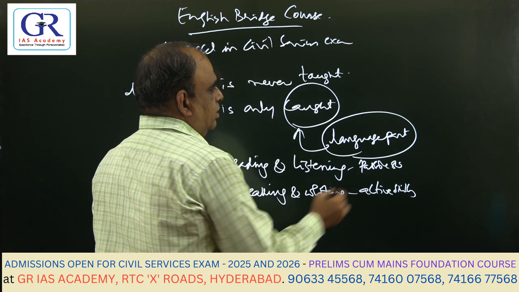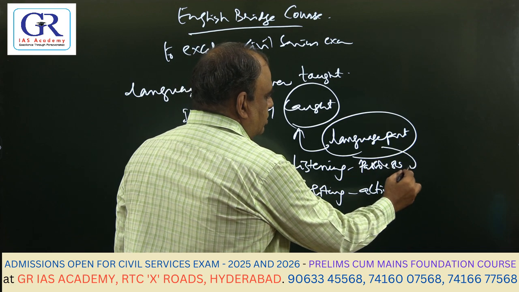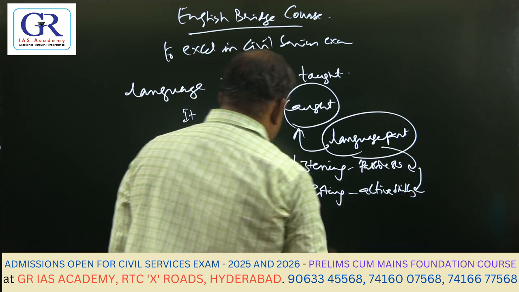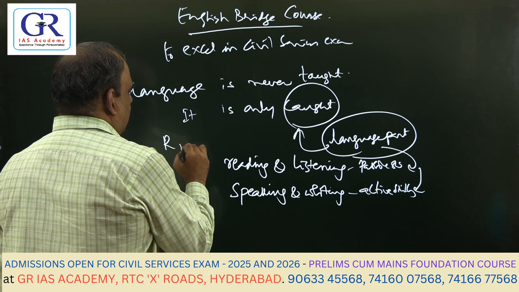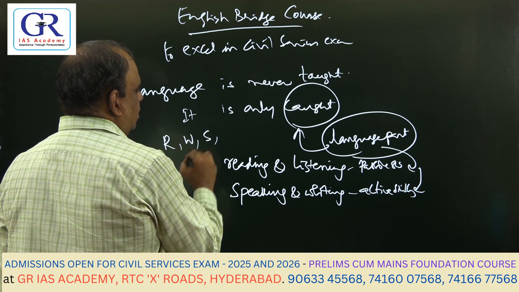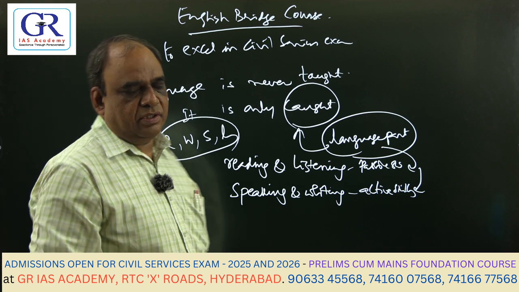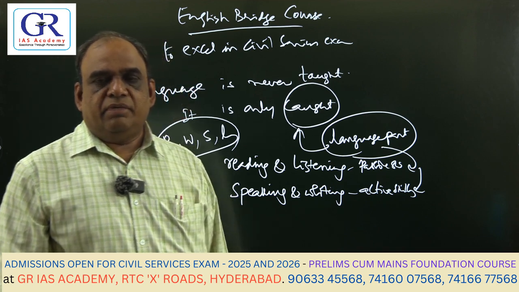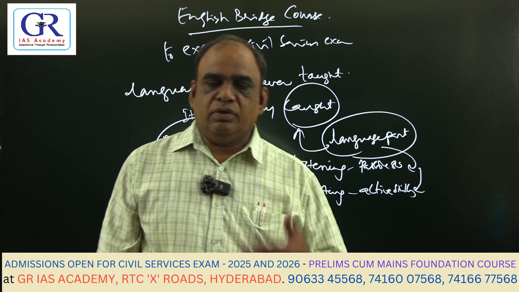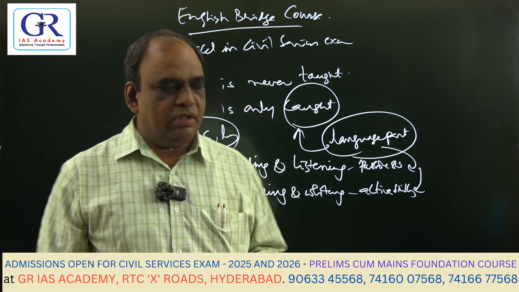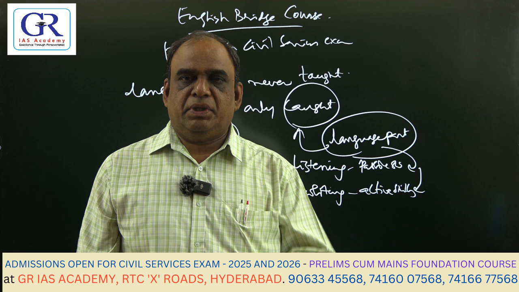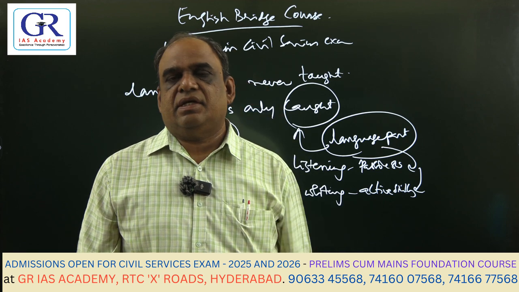So these 4 are known as language skills: reading, writing, speaking and listening. If anybody says that I know English, what does that mean? He should be able to speak out whatever thoughts he has.